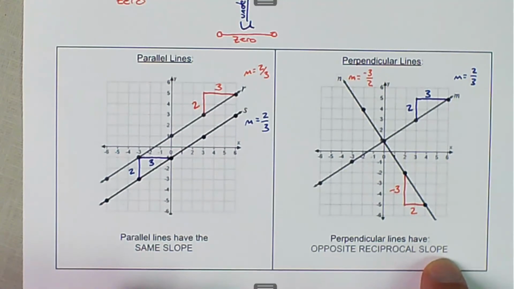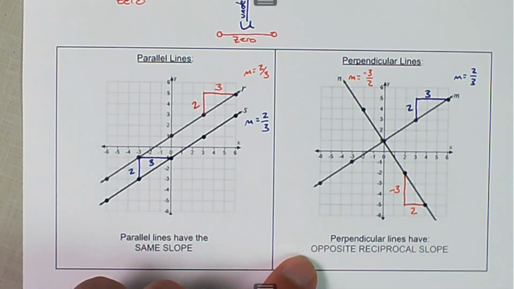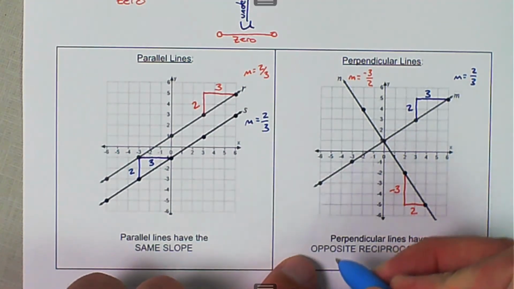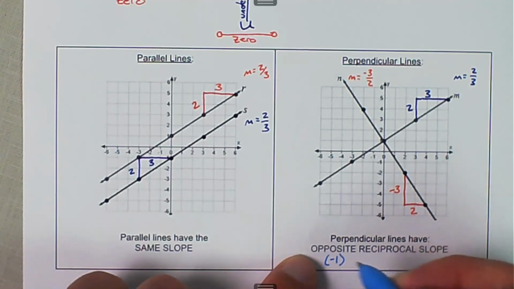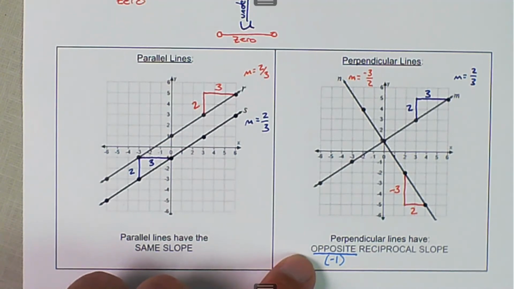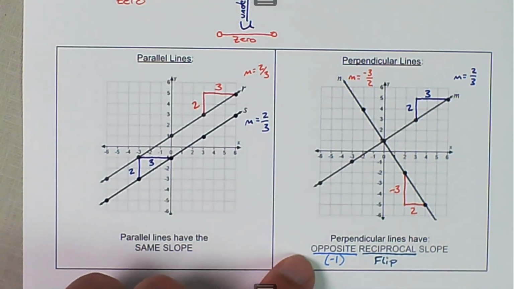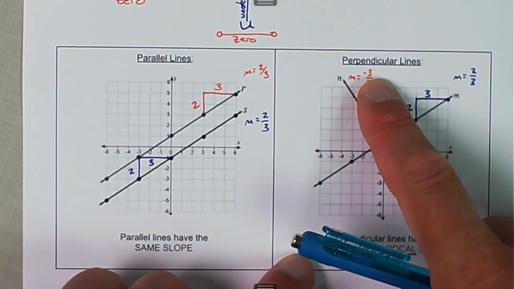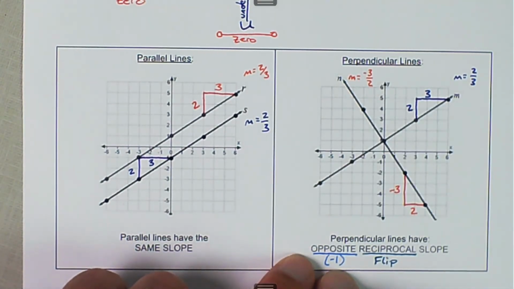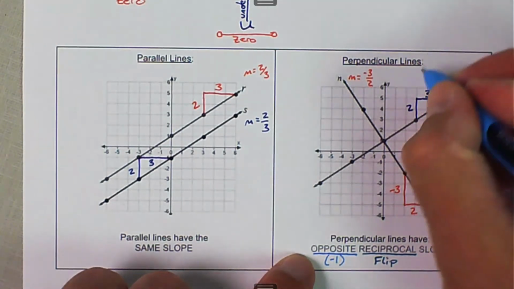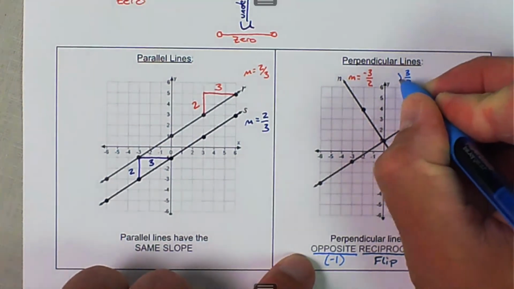If we look at these two slopes, they're opposite reciprocals. Opposite basically means that we take one slope and multiply by -1. Reciprocal means that we're going to flip the fraction. So if we have -3 over 2 and we multiply by -1, that would change it to 3 over 2.